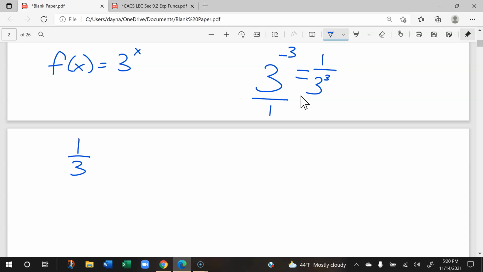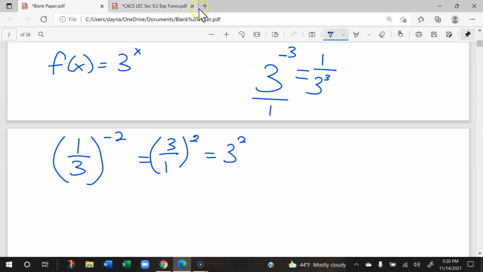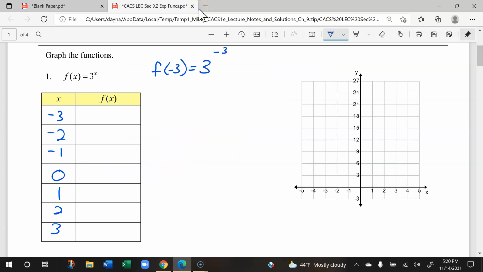If I were to have a fraction with a negative exponent, it's telling me to flip this fraction, and when I flip it, I get rid of the sign. So a negative in the exponent is telling me to flip things. Here I would have 1 over 3 to the 3rd, which is 1 over 27. So this would be 1/27.